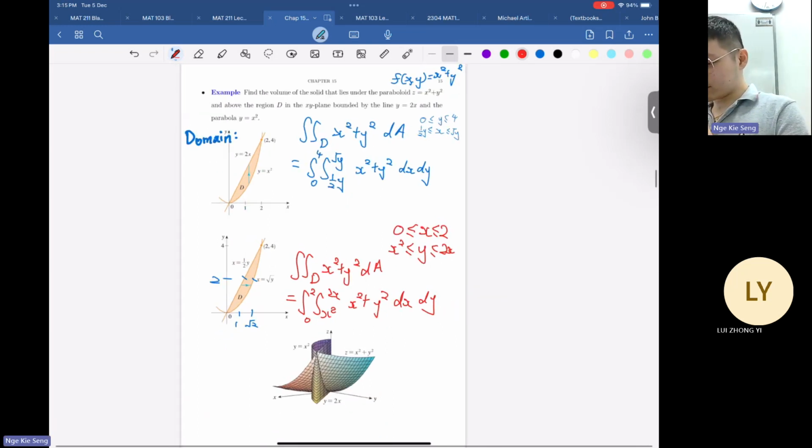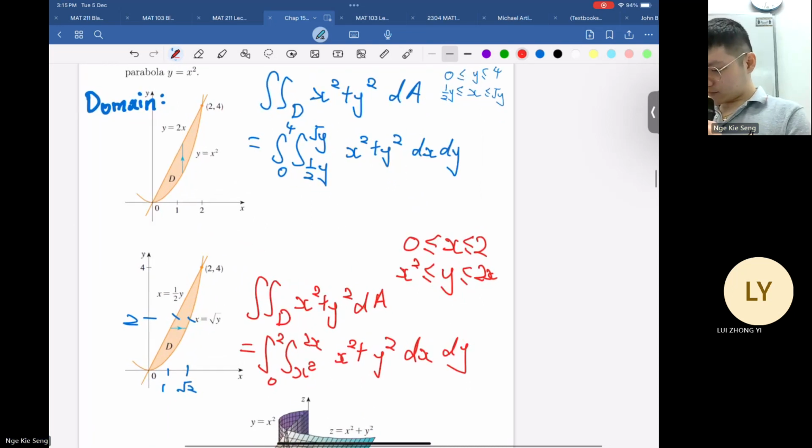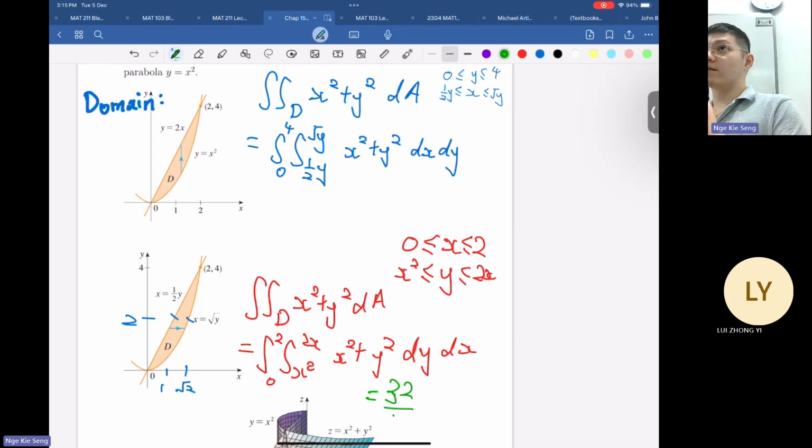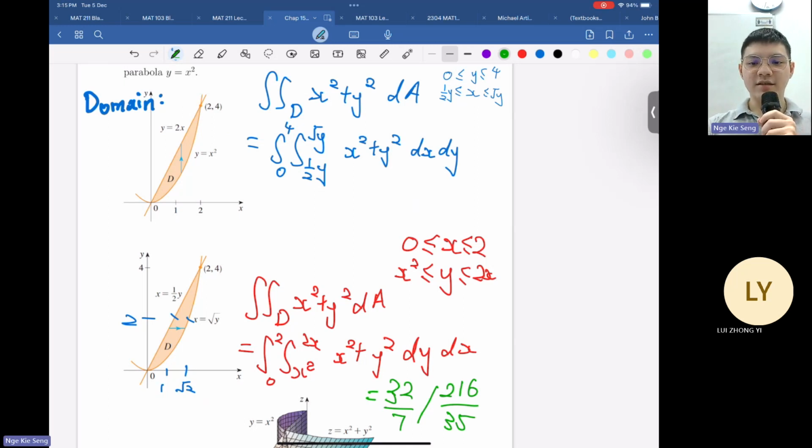Which method did you use, top or bottom? 32/7. How about the others? You use top or bottom? Bottom also. What do you get? 35. Okay.